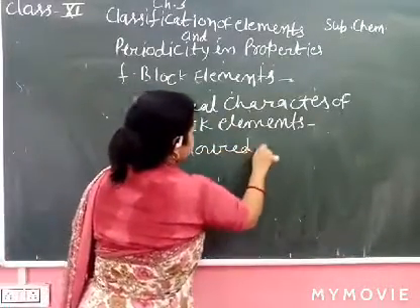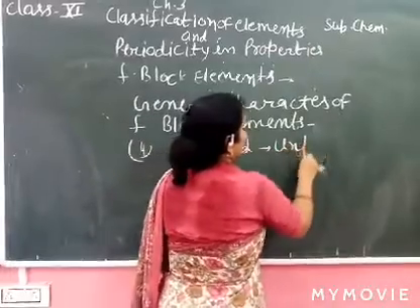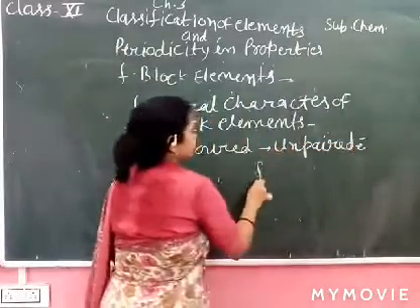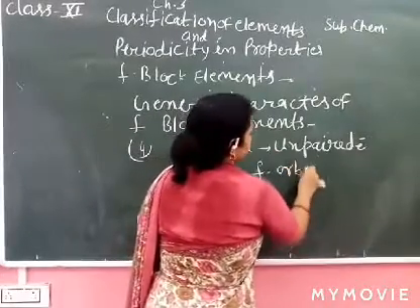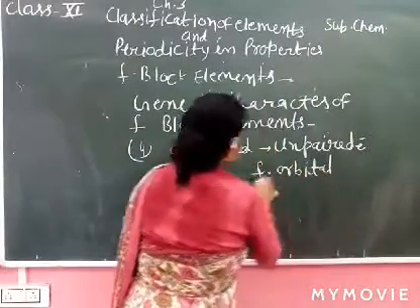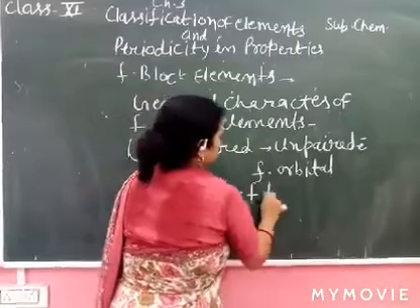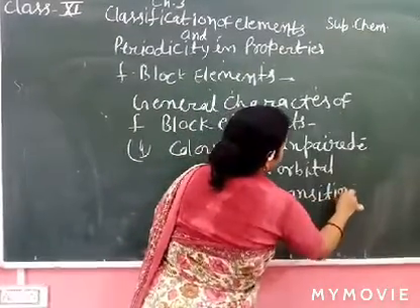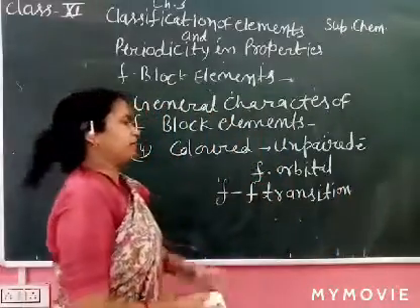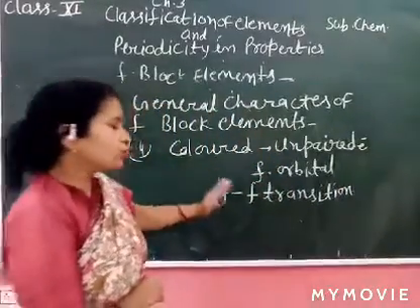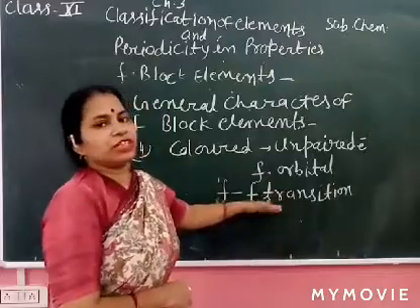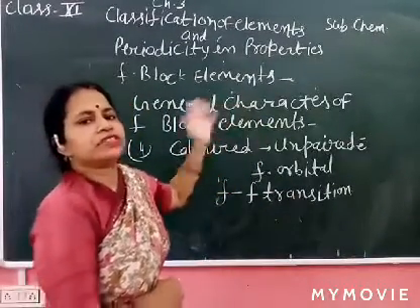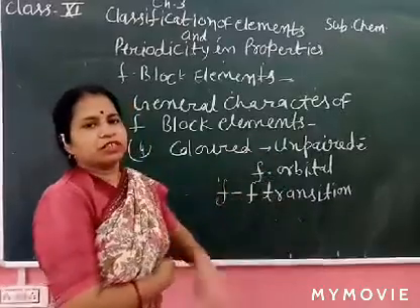Why are these colored? Again due to unpaired electrons, but the unpaired electrons are present in the f orbital, which represents the f-f transition. F-f transition means when elements are radiated, the electron becomes excited and jumps from a lower energy level to a higher energy level, from the ground state to the excited state.